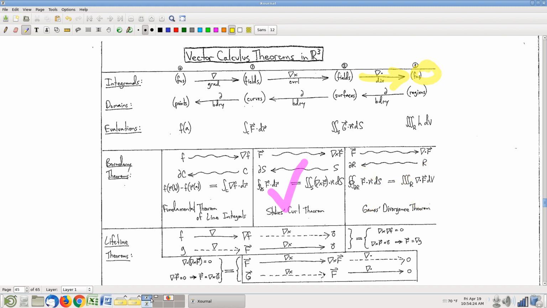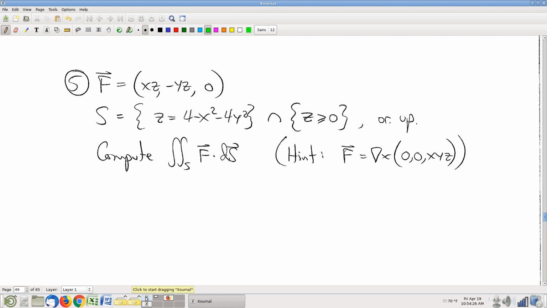So that's our other option. We could just do surface independence. So which should you do? Again, it's kind of your option. The first option, Stokes' curl theorem, would be to rewrite this as a line integral over the boundary curve of the anti-curl. There's the anti-curl.